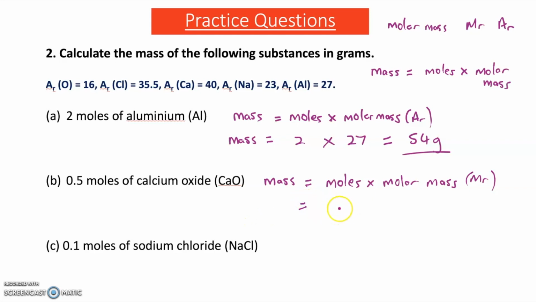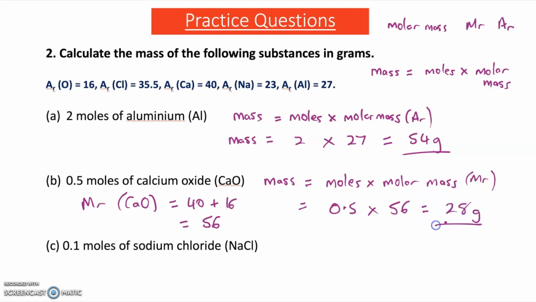So the MR of calcium oxide here is going to be 40 plus 16, because the AR value of calcium is 40 and the AR value of oxygen is 16. So that's going to be an MR value of 56. So to work out the mass is simply moles times molar mass, which is the MR value. So it's 0.5 times 56, which is equal to 28 grams.